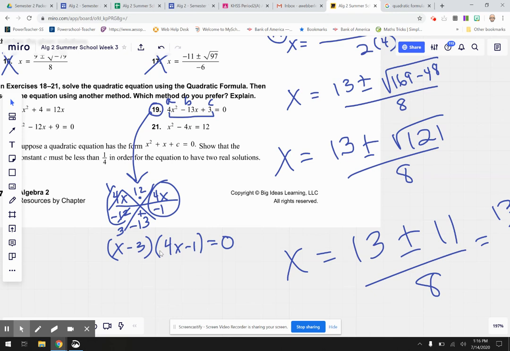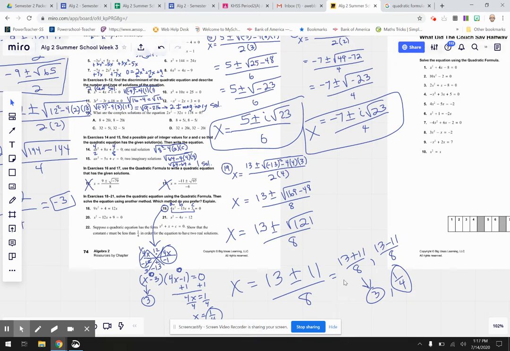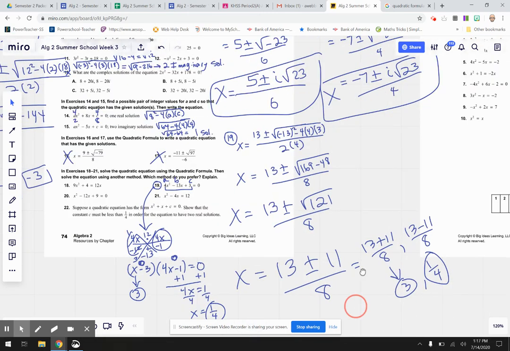So that means one answer has to be a 3, because we have to find out what's going to make each parenthesis equal 0. What's going to make this one equal 0 would be adding 1 to both sides and dividing by 4 on both sides, and x is 1/4. So 3 and 1/4, and you can see that that's the same answer we got over here, 3 and 1/4.